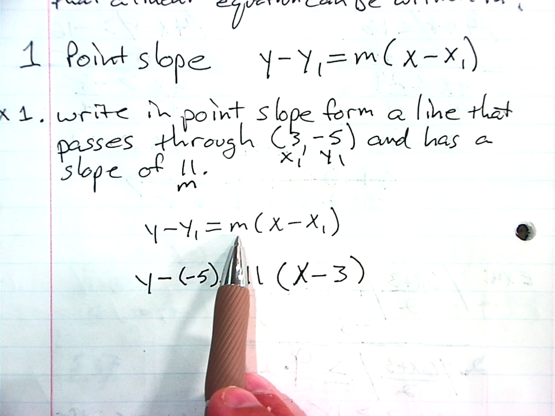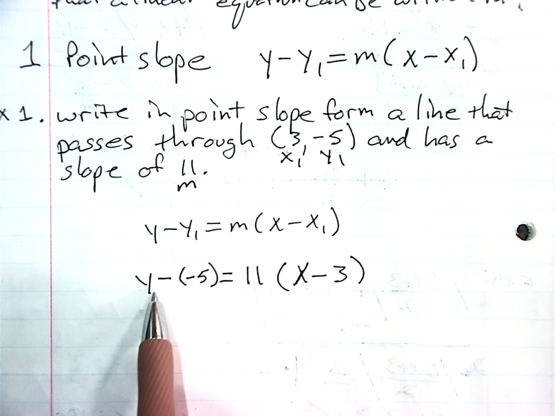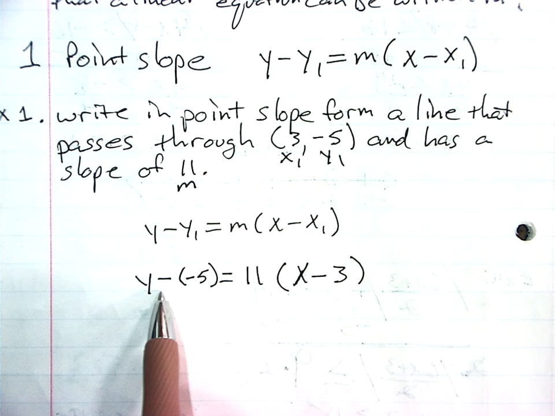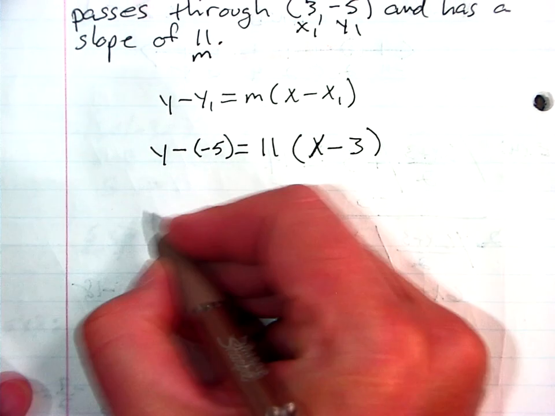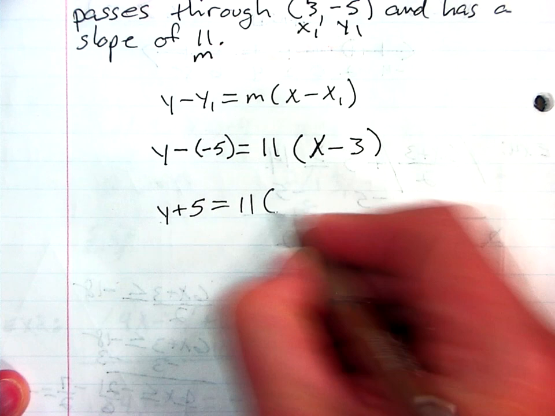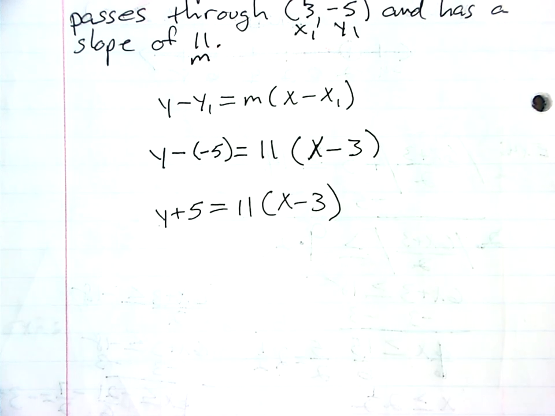So I need the 11 by itself, and I need an x minus x1. Is it good to have 2 negatives? No. So how should I rewrite that? y plus 5 equals 11(x minus 3). I get you guys are excited to put it in slope-intercept form, but we weren't there yet.